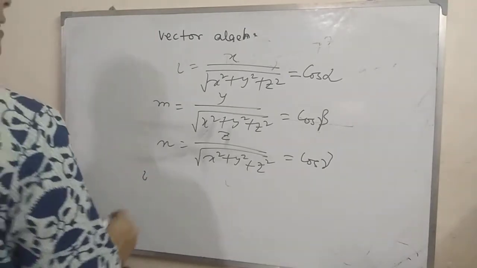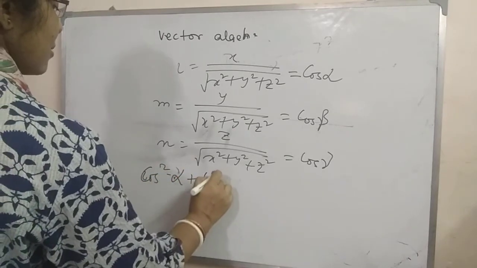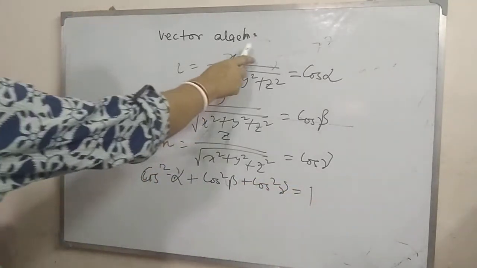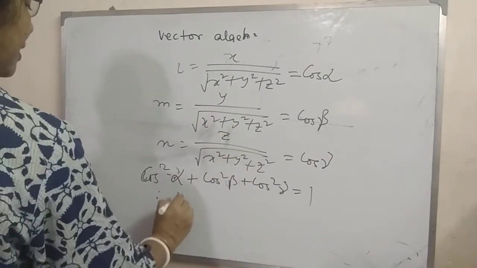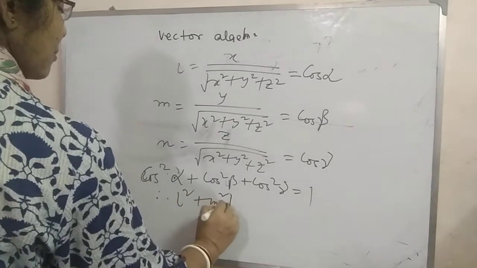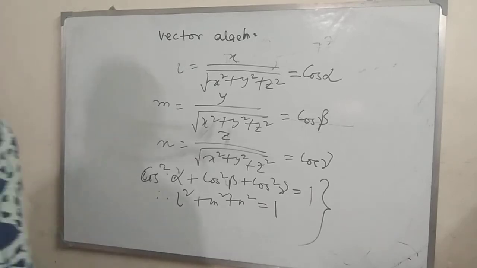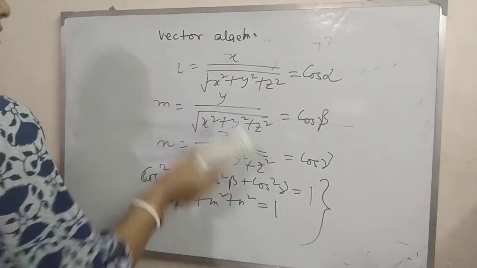So cos square alpha plus cos square beta plus cos square gamma equals 1, that is x square by this plus y square by this plus z square by this equals 1. That means L square plus M square plus N square equals 1. I can write two formulas from here. These are related to direction cosine: cos of an angle means direction cosine.